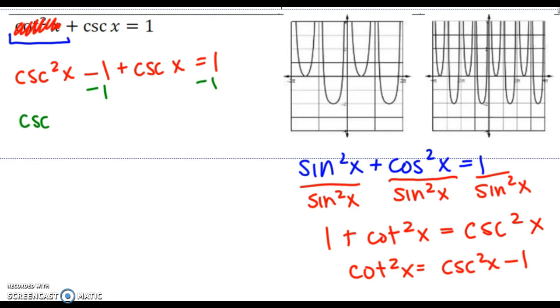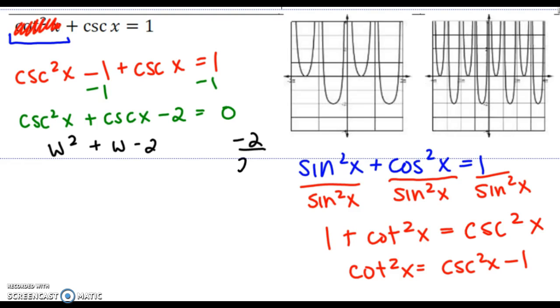So cosecant squared of x plus cosecant of x minus 2 equals 0. If you want to, we can go ahead and factor this. So let's see here, we're going to have a negative 2. We need to add up to 1, so 2 and negative 1. So w squared plus 2, w minus 1.